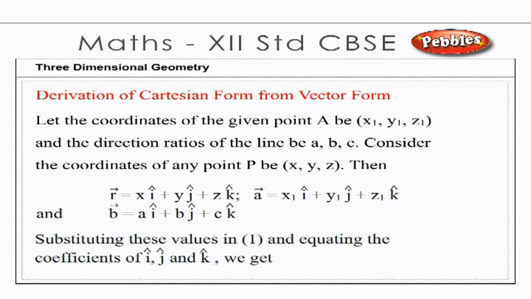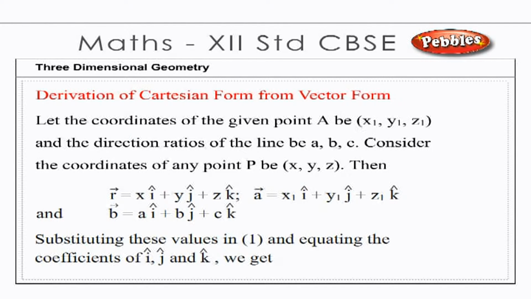Then r vector is equal to x i cap plus y j cap plus z k cap, a vector is equal to x1 i cap plus y1 j cap plus z1 k cap, and b vector is equal to a i cap plus b j cap plus c k cap.